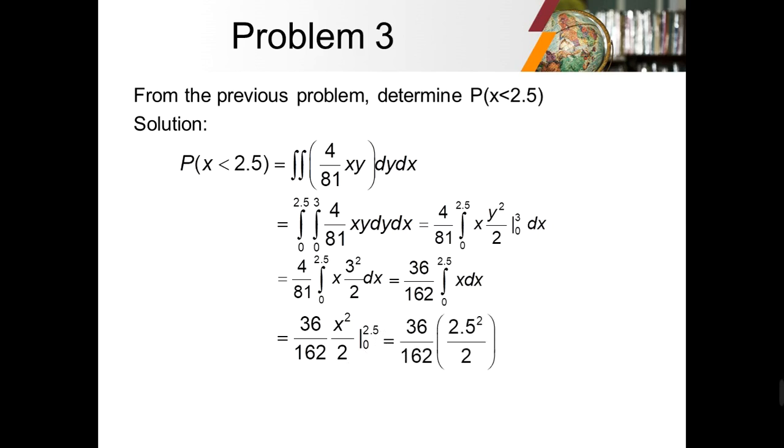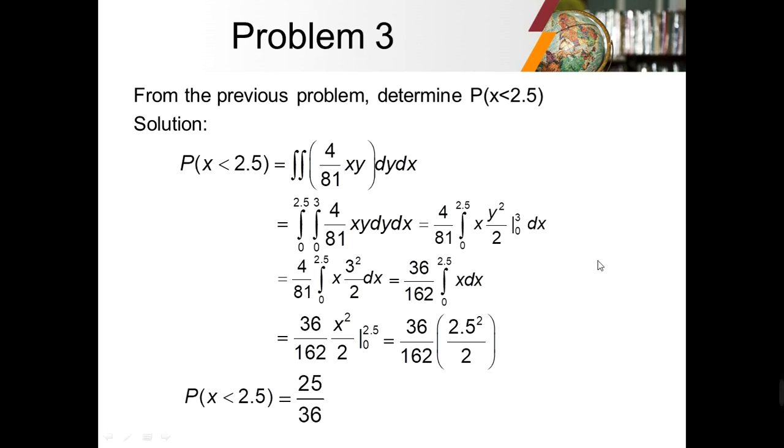Then, i-apply natin yung limits. So, that becomes 2.5 squared over 2. Again, the lower limit is 0. So, naka-minus 0 supposedly. Then, kukumputin na natin ito. And the answer would be 25 over 36. So, the probability that x is less than 2.5 is equal to 25 over 36.